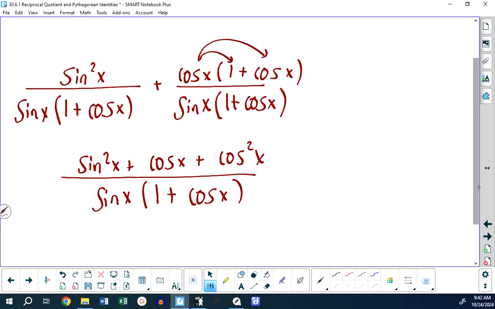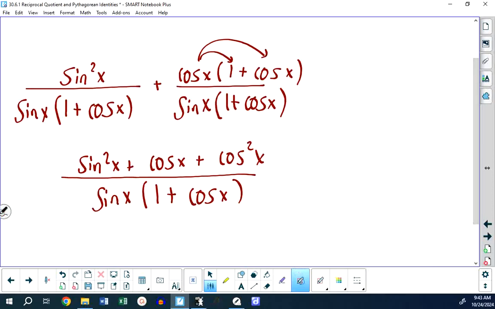Are you with me on that move? Okay. How many of you see this is going to be cosecant of x? I'll give you a minute to think about this. You do? Why? Because the sine squared plus cosine squared is 1. Okay, I'm going to pause you there.